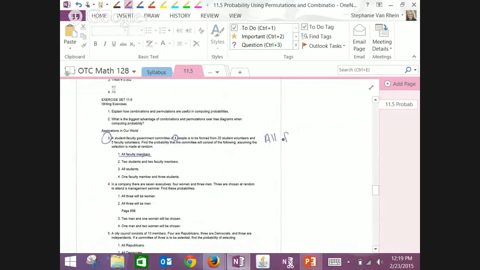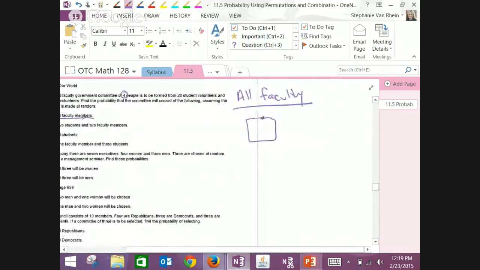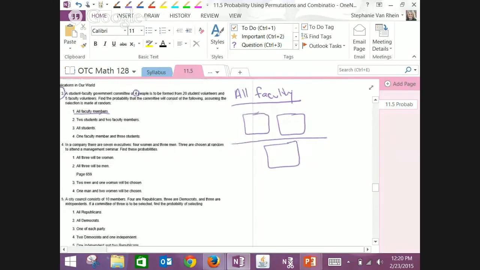All faculty, right? You might need more than 2 boxes depending on how many groups there are, but a lot of times there's only 2. 5 choose, 20 choose, 25 choose.